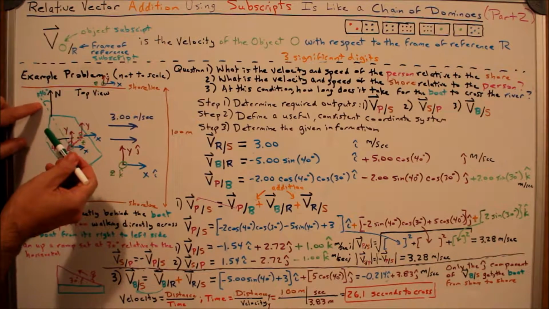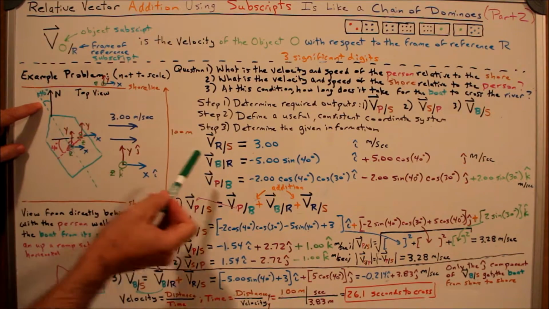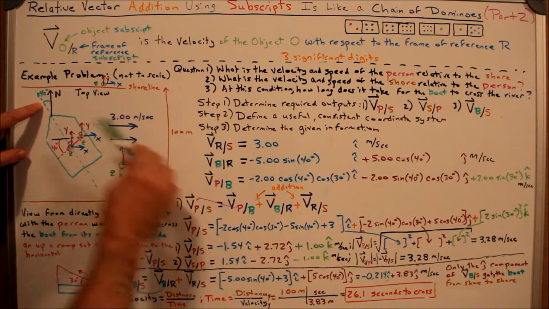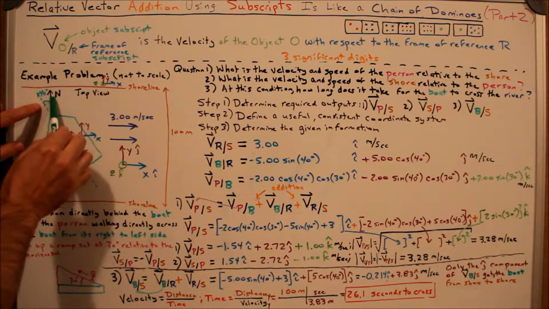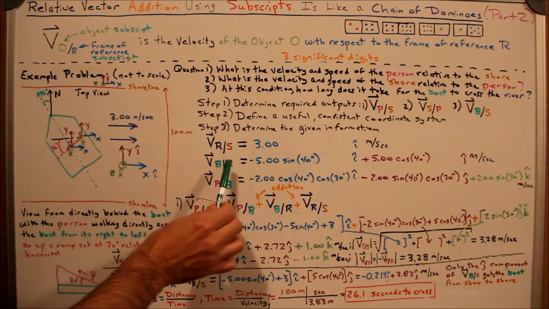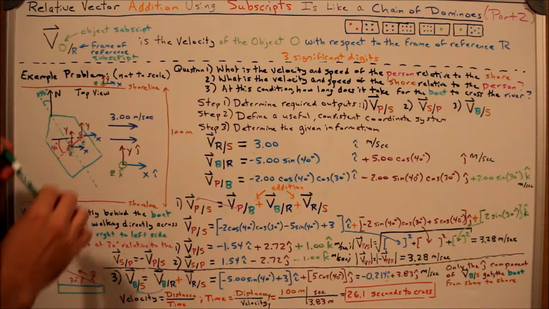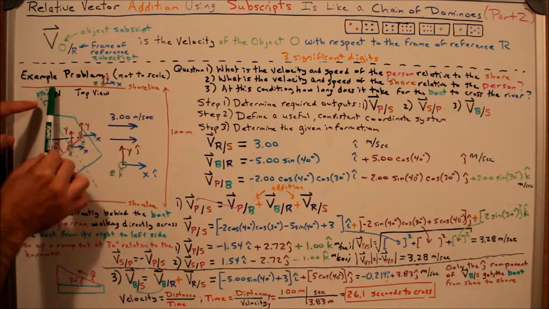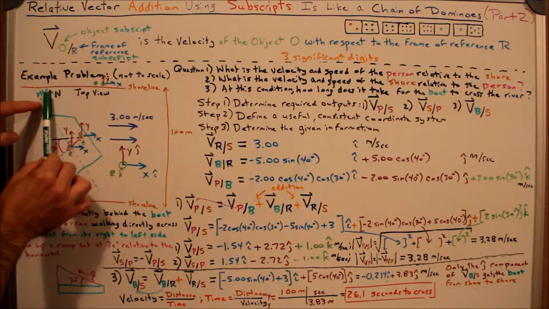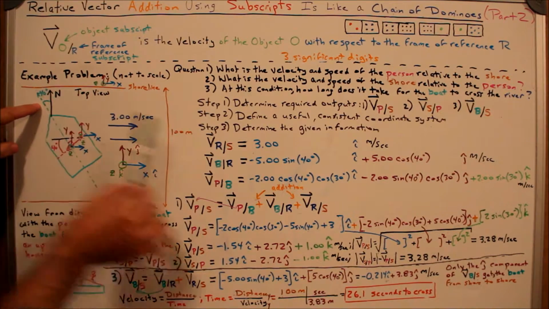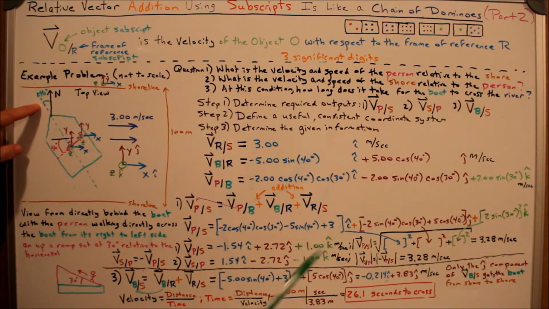So it's going to be the magnitude 5 times the sine of 40 degrees, and it's minus because it's in the minus direction. So minus 5 sine of 40 degrees is my i hat component of the velocity of the boat with respect to the river. And then I have a component in the y direction, which is adjacent to the angle, so I know that's going to be a cosine, and positive, so 5 cosine of 40 degrees in the j hat direction, meters per second.